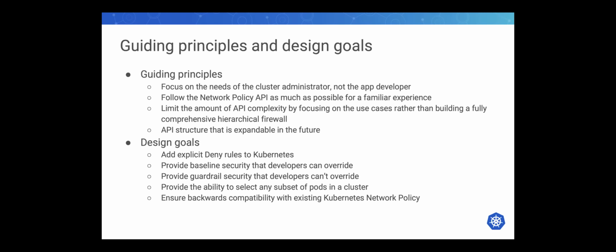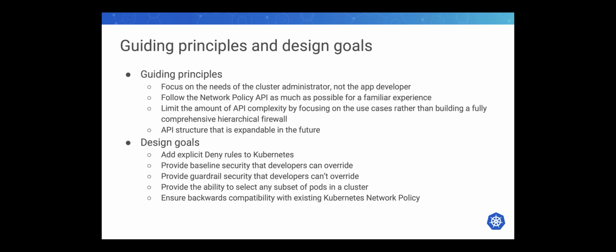We want to provide baseline security. The cluster administrator should be able to define some sort of defaulting rules or baseline rules for its cluster, at least some guarantees for the Kubernetes cluster, but they can be overridden by the developers. So the baseline rules can be overwritten by developers using Kubernetes network policy.